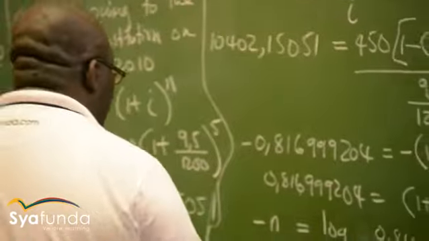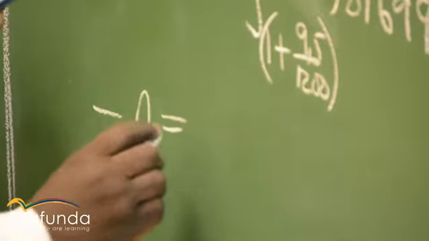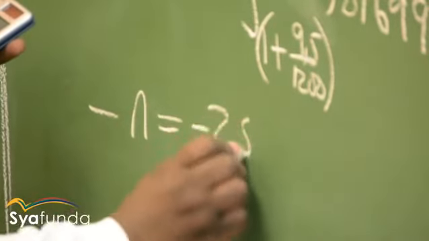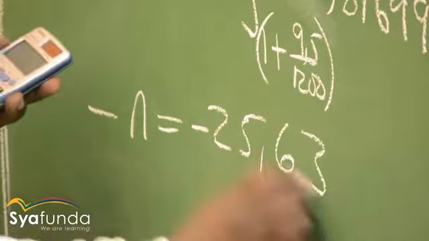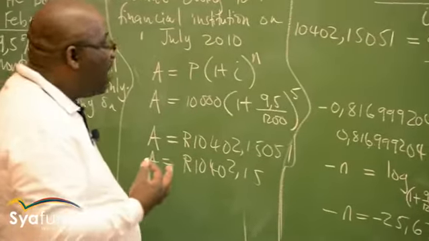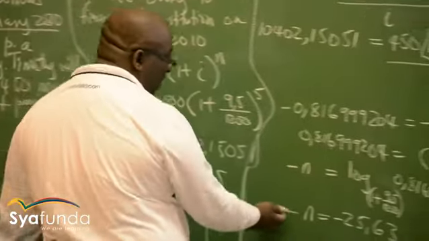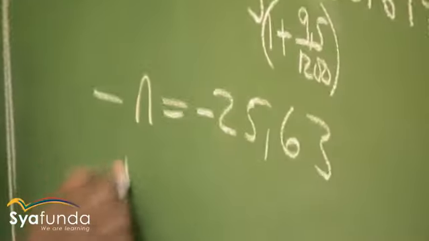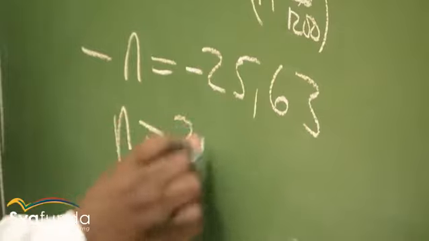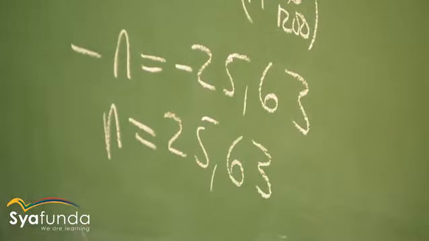Let me write down. So my minus n is the same as minus 25.63. Remember, this is in months. I'm not looking for the negative, I'm looking for the positive, so I divide by negative on both sides. So my n will be equal to 25.63.